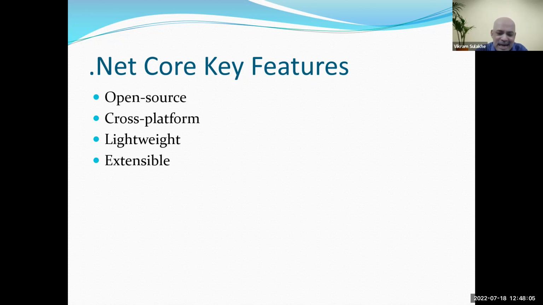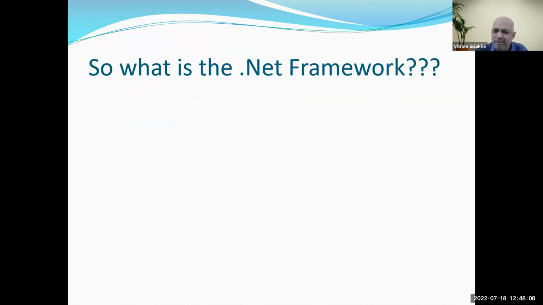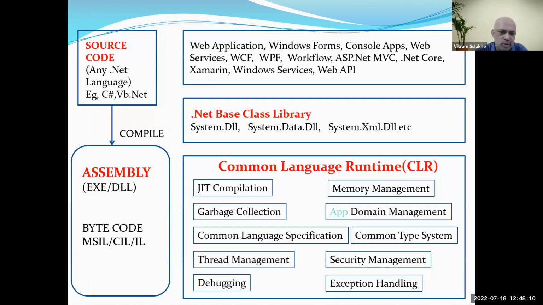Thirdly, lightweight. In .NET Framework, what do you need to first do? All these .NET base class libraries need to be already there on that machine. So I told you that if you have to run it on your machine, I will need to make sure that your machine actually has the .NET base classes installed first.